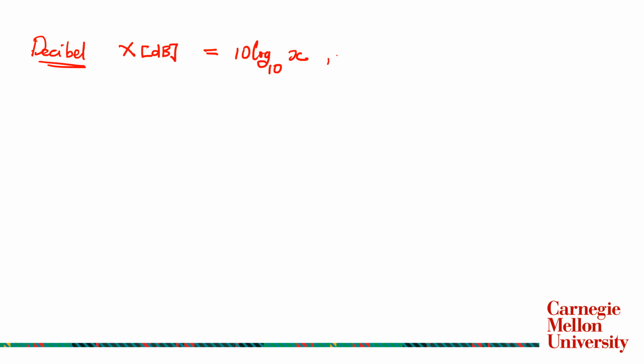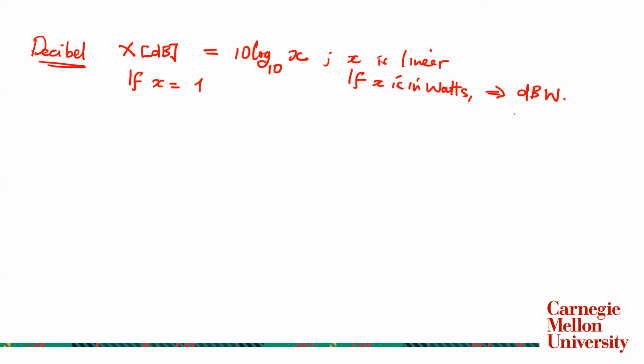In this case, x is linear. If x is in watts, like power, then in its dB form, we say it is dB watts.